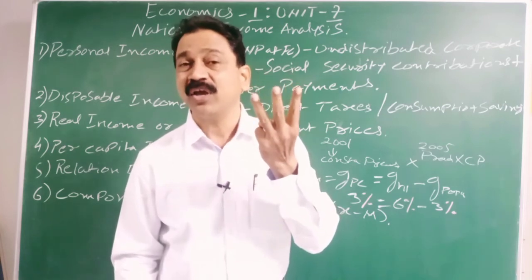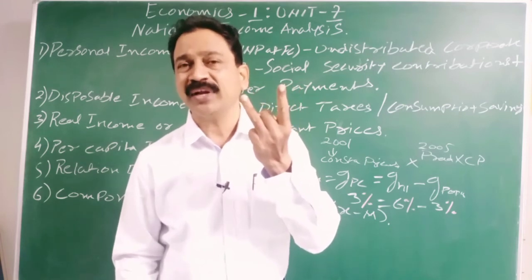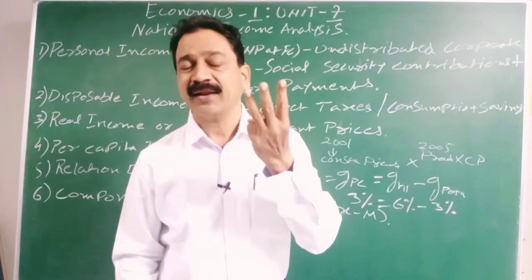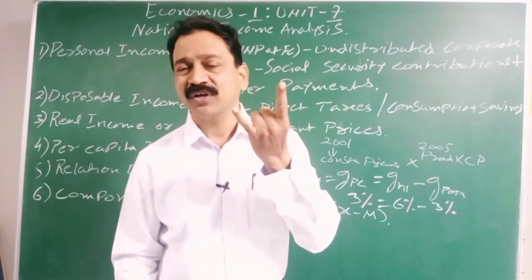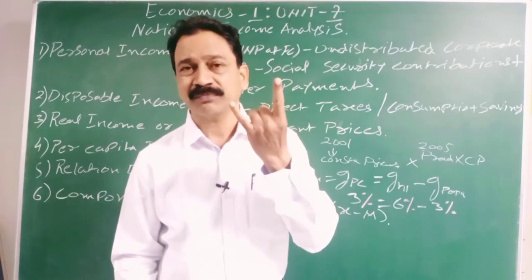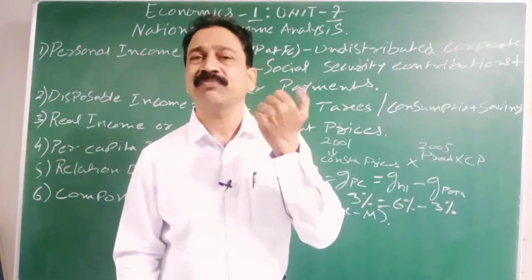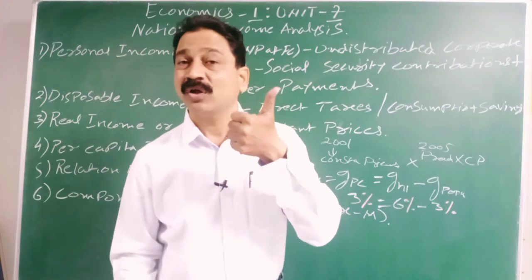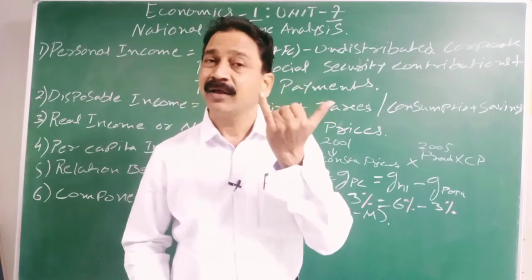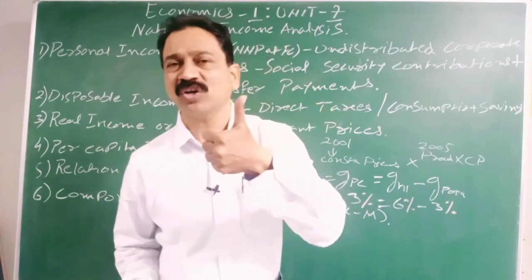Next, GDP, gross domestic product: take the GNP and remove the net income from abroad, you will get the GDP. Again, NNP at market prices: take the GNP at market prices and remove the depreciation. NNP at factor cost: take the NNP at market prices and remove the indirect taxes, add the subsidy, you will get the NNP at factor cost.